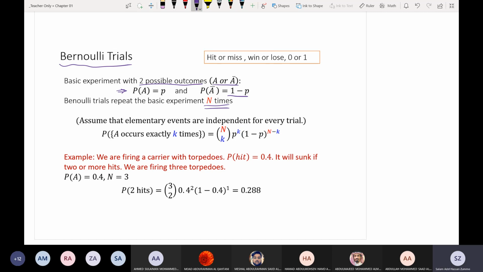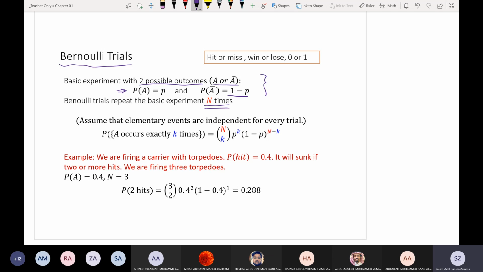I have the same experiment and I repeat it n times. As we said, a Bernoulli random variable comes out of this later when we talk about it.